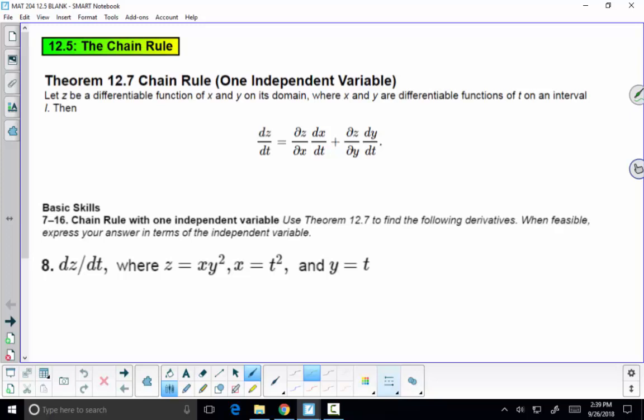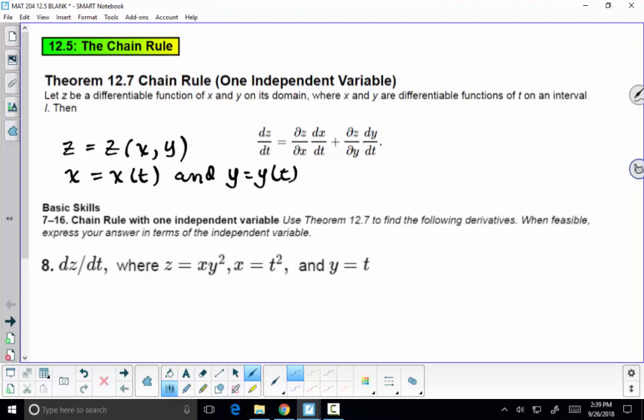Okay, so that's the chain rule you all know and love. We have one independent variable. We're imagining that z is a function of x and y, that x is a function of t, and that y is a function of t.